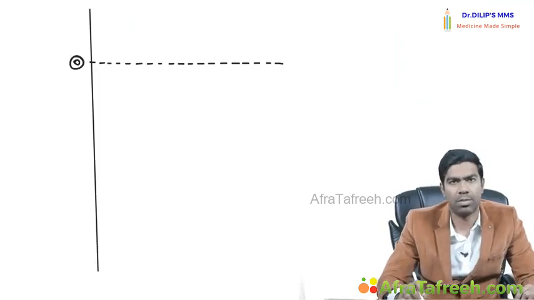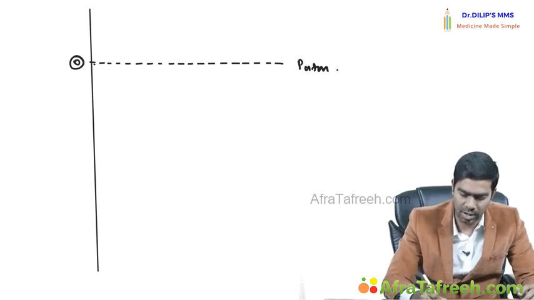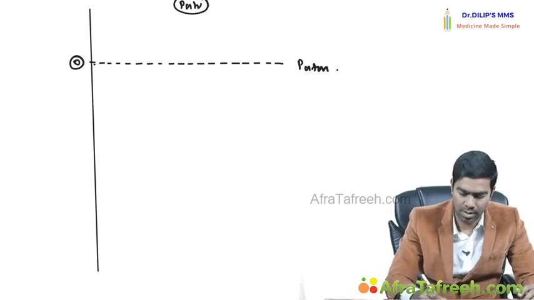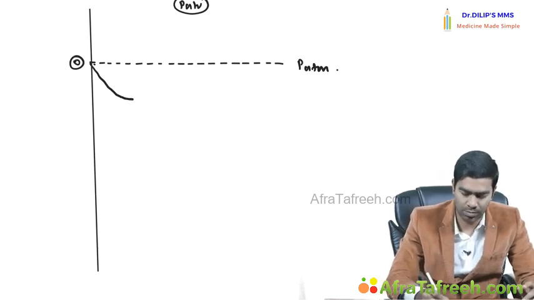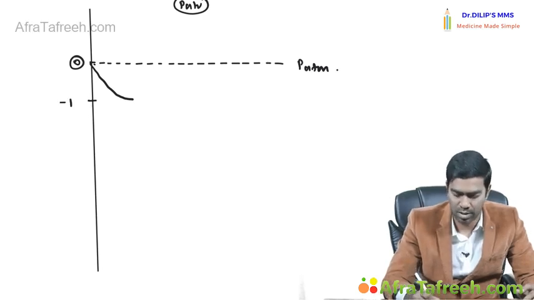Zero pressure is the atmospheric pressure. You all know during inspiration, you're going to create a negative pressure within the alveoli. So let us see first the alveolar pressures. You're going to create a negative alveolar pressure because of the negative intrathoracic pressure and all the movement of the muscles we have seen already. Typically the negative pressure that is generated is approximately -1 millimeters of water.